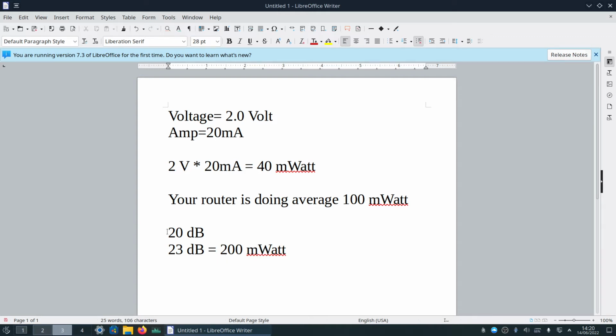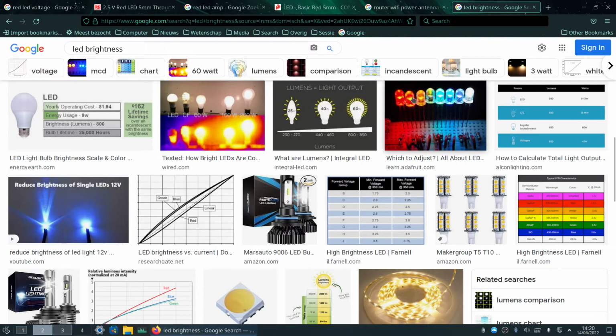Yes, but we consider your average router, which you have gotten from your provider. Now, we know a 40 milliwatt brightness means just this.